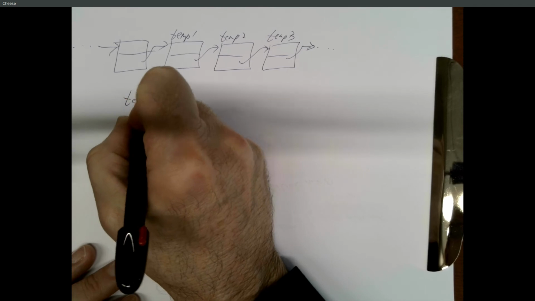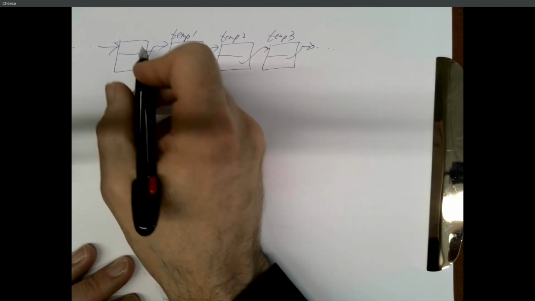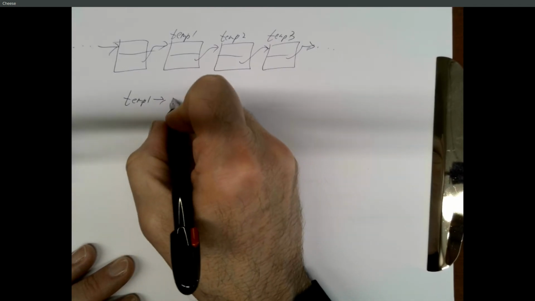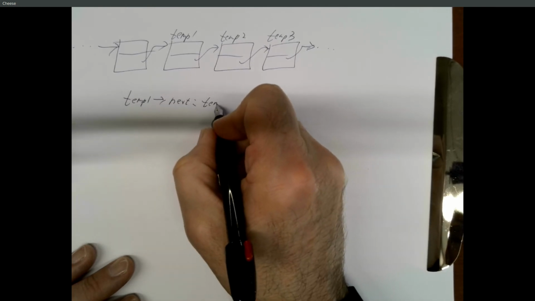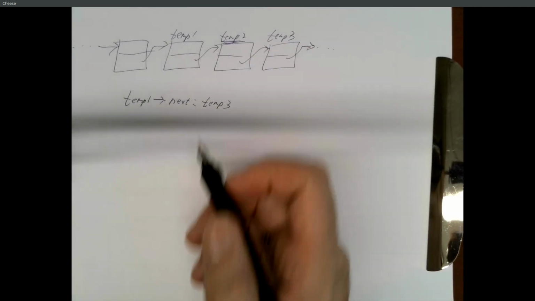Nothing is pointing to temp1 that we need to deal with. That's always going to be right here. So we're probably pretty safe saying temp1 next equals temp3. We don't need the old value of temp1 next because we know that's just temp2. We've got a variable pointing to that. So temp1 next equals temp3. That's a good one to go first.